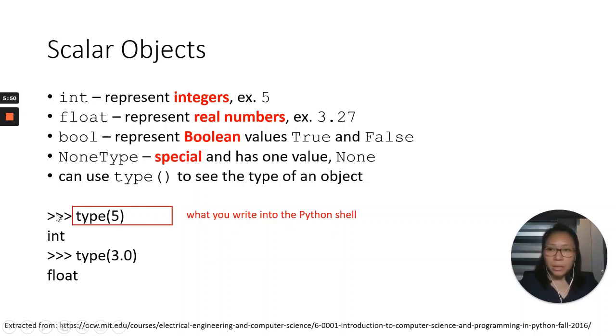By the way, this greater than symbol, three of them, means the Python shell. And the output is int. So it means that the type of the object 5 is int, which is integer. This will show after hitting enter.